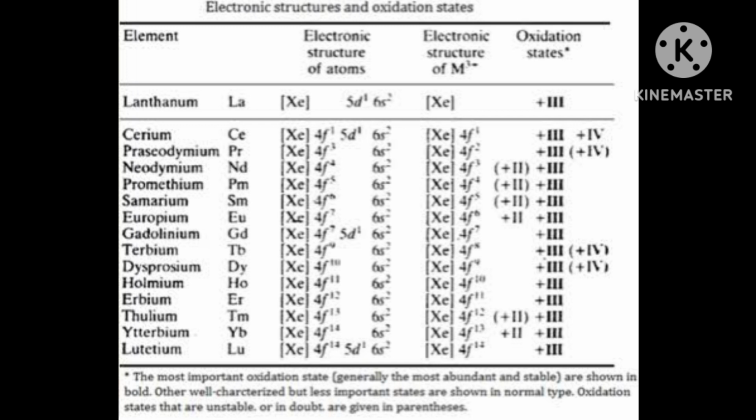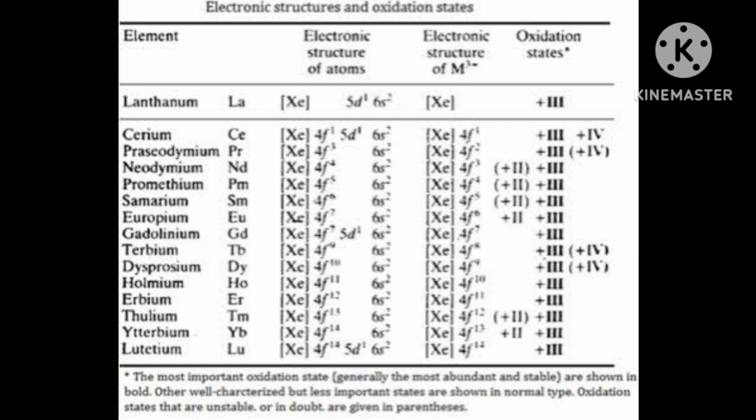Terbium, Tb. Terbium has half-filled f orbitals. These questions, all three questions are asked. Okay, Tb4+ has a half-filled f orbitals and is an oxidant.